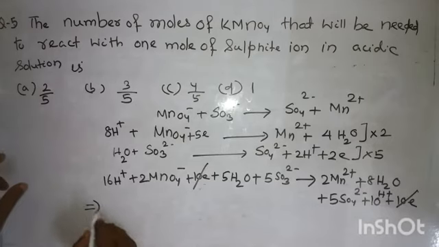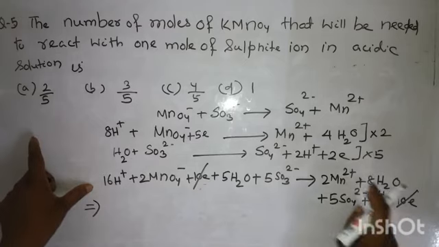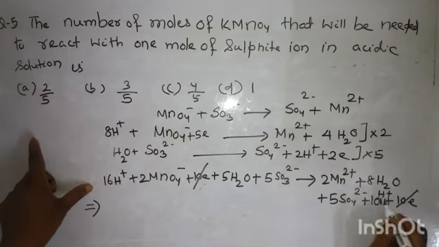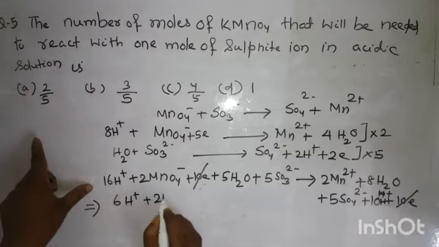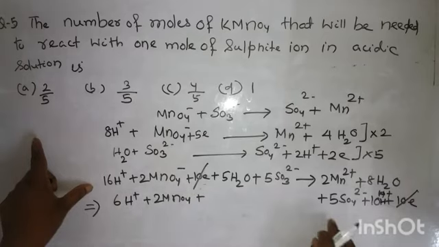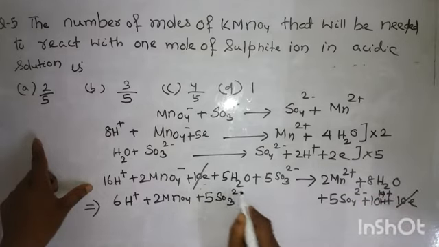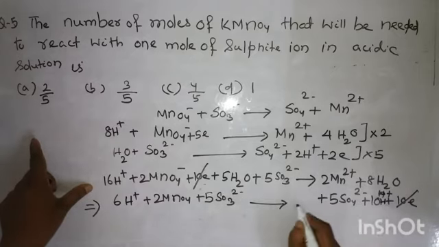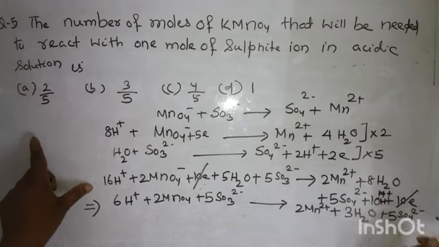Arrange and write: this is 16 H plus, this is 10 H plus, so it will be 6 H plus. 2 MnO4 minus, and 5 H2O goes to the same side, and 5 SO3 2 minus gives rise to 2 Mn 2 plus, 8 H2O minus 5 H2O is 3 H2O, plus 5 SO4 2 minus. This is the net equation.